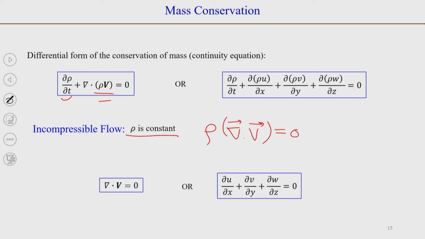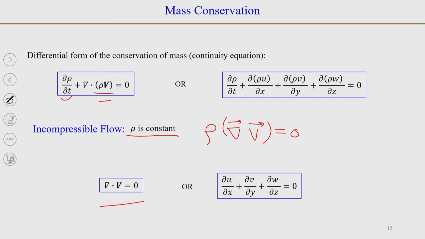You can divide by rho, which is a constant, and you have del dot V is equal to 0, which is your continuity equation for incompressible flow. Or if you expand it, you will have dou by dou x u plus dou by dou y v plus dou by dou z w is equal to 0.